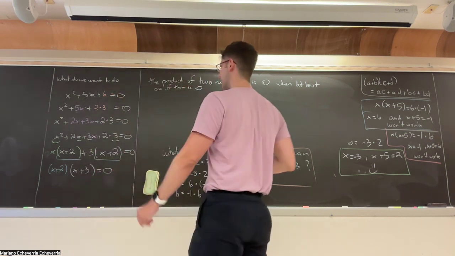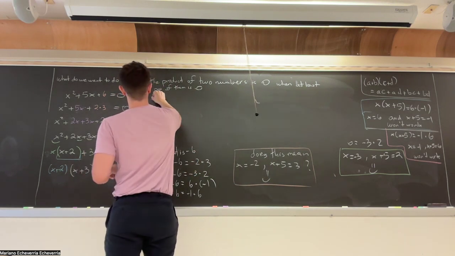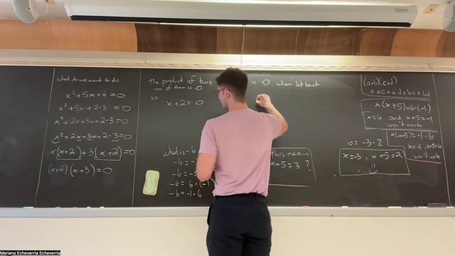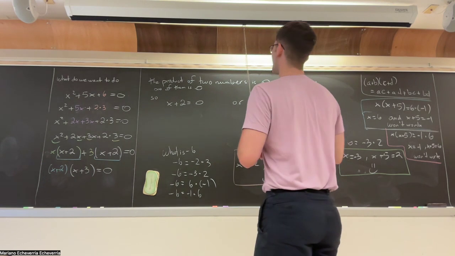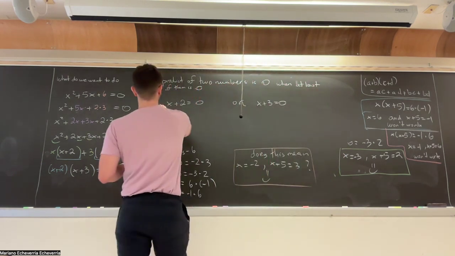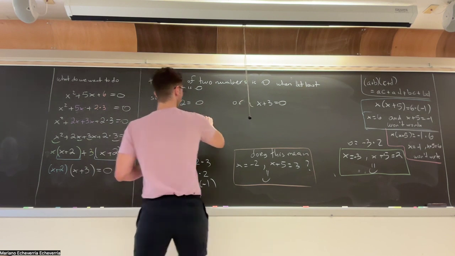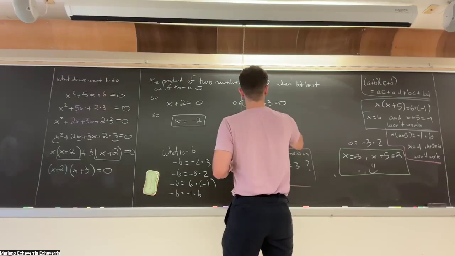So you end up with x plus 2 has to be 0 or x plus 3 has to be 0. So x plus 2 equals 0, or x plus 3 equals 0. That gives you that x equals -2 or x equals -3.